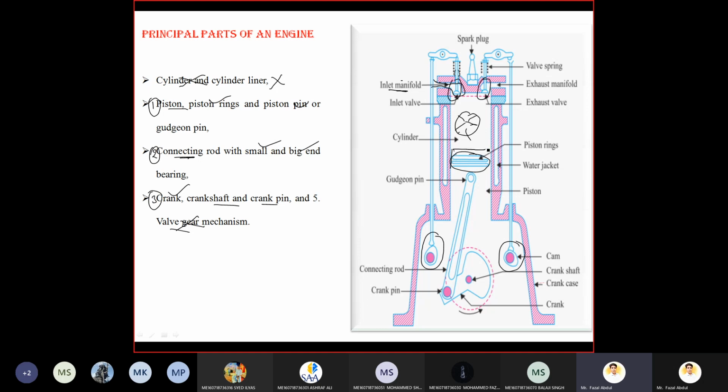Actually, this is a piston. To this piston, these grooves are provided for the ring section, and for cooling purposes, the water jackets are provided here. And this entire portion from here to this last portion is referred to as the crankcase.